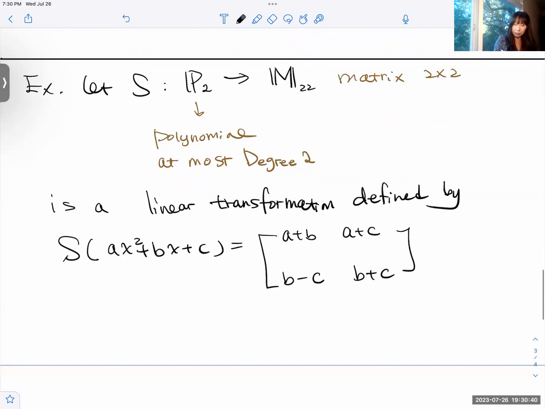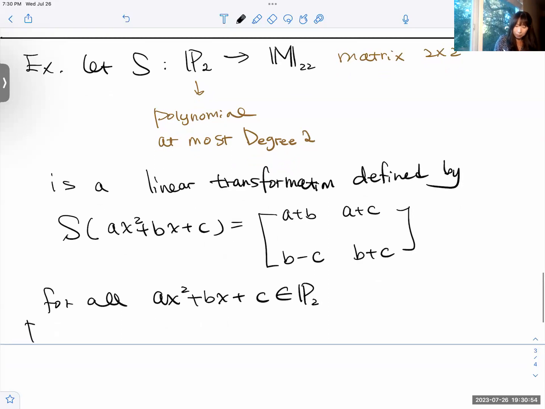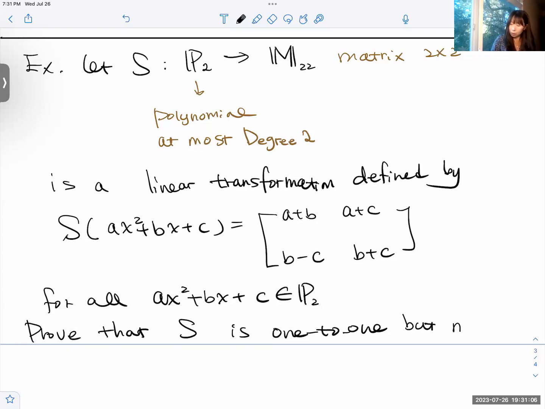Okay, now for all ax squared plus bx plus c in the domain, which is polynomials of at most degree 2, prove that S is 1-to-1 but not onto.